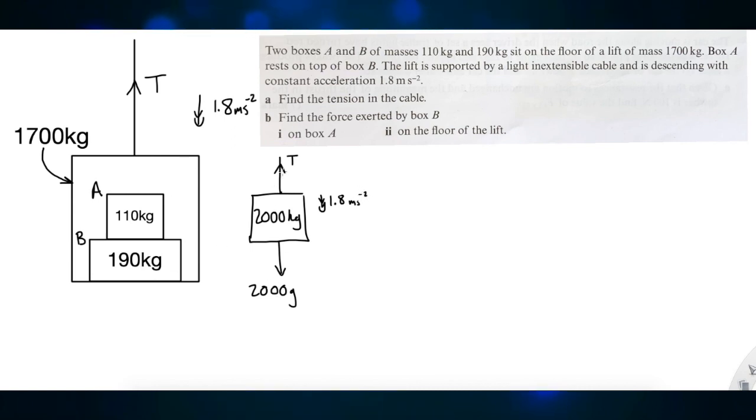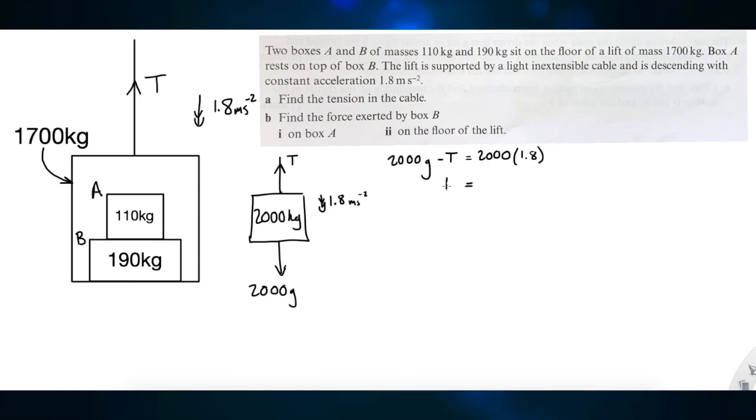Okay, so we know that 2,000 G must be more than T, so we're going to write 2,000 G minus T equals 2,000 multiplied by 1.8. Okay, positive 1.8 because we're saying that downwards is positive in this situation.